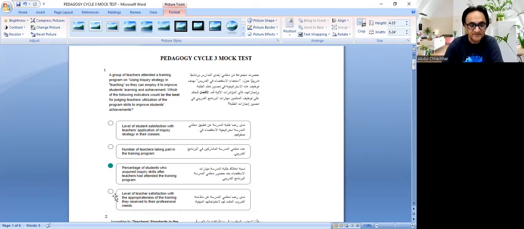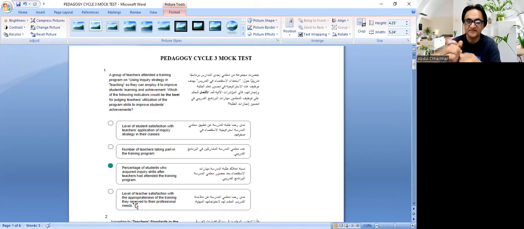Now look at the fourth one, level of teacher satisfaction with the appropriateness of the training they receive for their professional needs. Doesn't matter if it's appropriate or not, the question is how we can improve students' achievement.